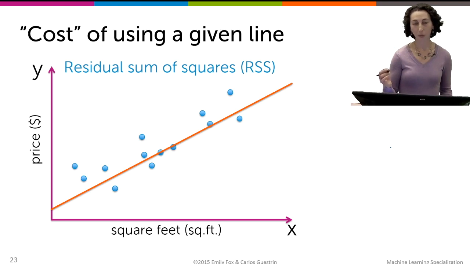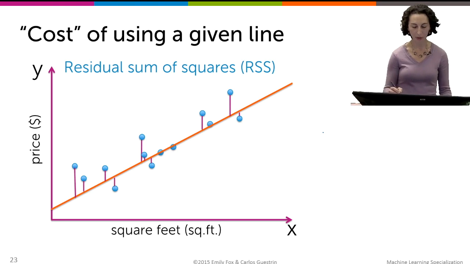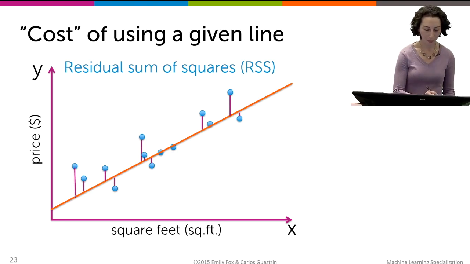Well, the one we're going to talk about here, and the one that we focused on in the first course of the specialization, is residual sum of squares. And what residual sum of squares assumes is that we're just going to add up the errors we made between this line here, which represents what we believe the relationship is and what we've estimated the relationship to be between x and y, and what the actual observation y was.